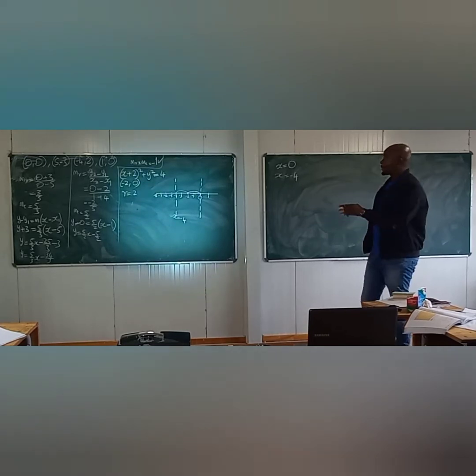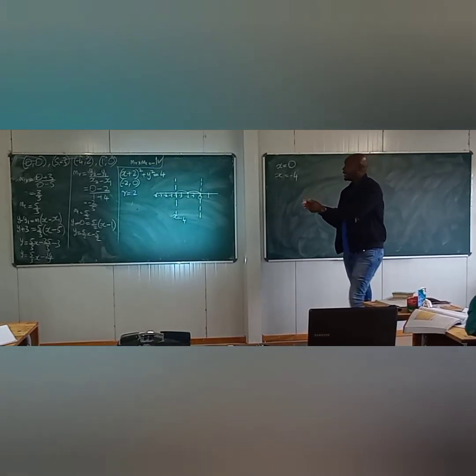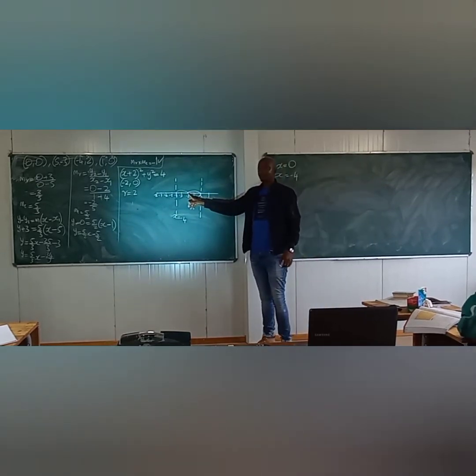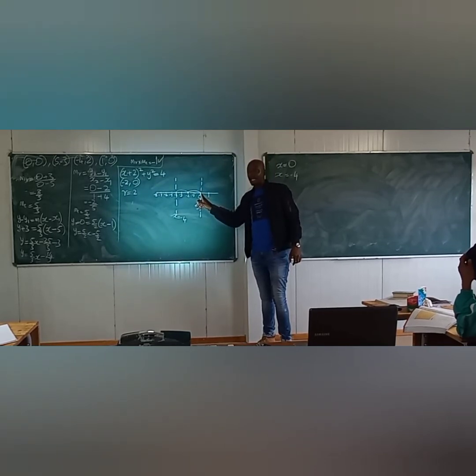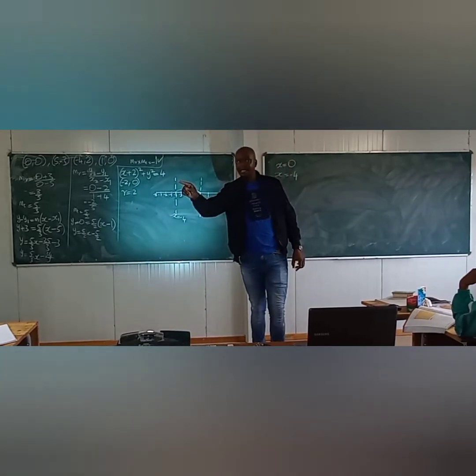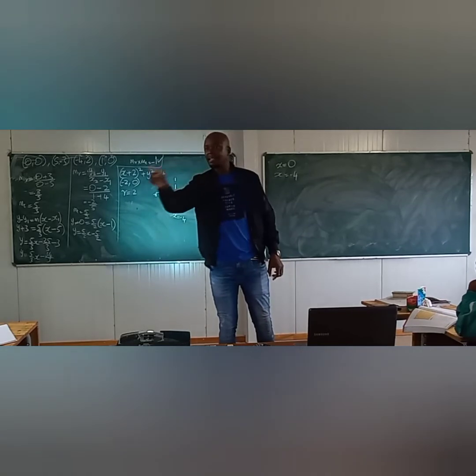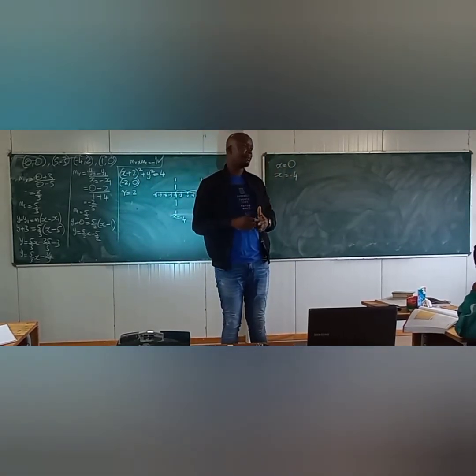Tangent to the circle. The circle's center is at the x-axis. The tangent is tangent at the x-axis. A vertical line, a horizontal radius.